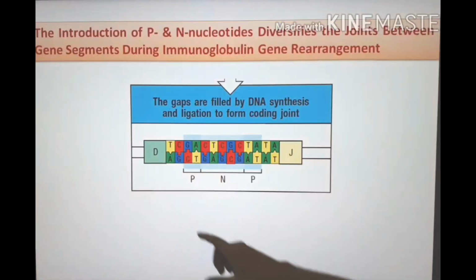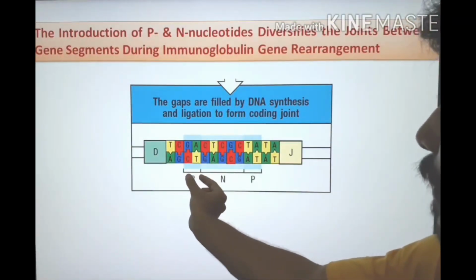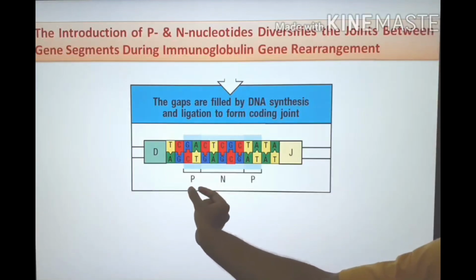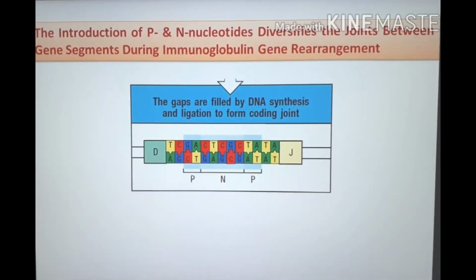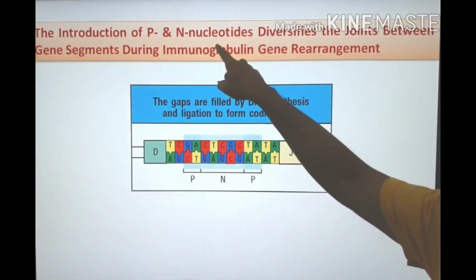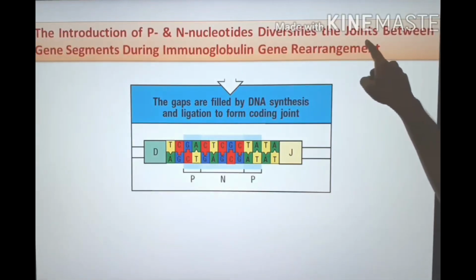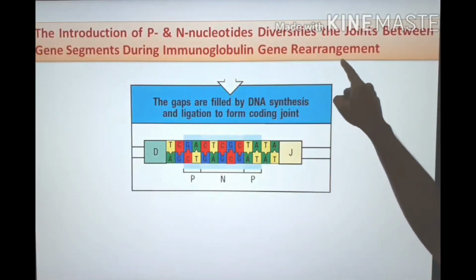You can see here the introduction of P for palindromic sequence. This is generated by the Artemis enzyme, and this N nucleotide is added by TdT. So these two enzymes are very important for the generation of diversity. The introduction of P and N nucleotides diversifies the joint between gene segments during immunoglobulin gene rearrangement.